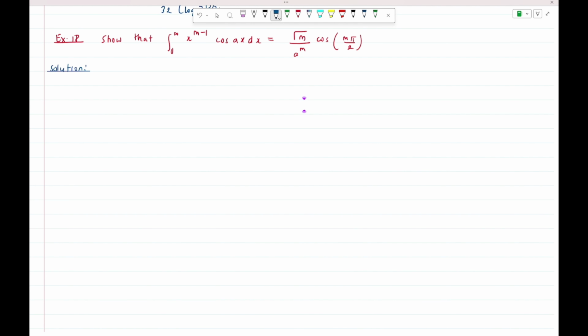And unlike problems 16 and 17 where we introduced e using logarithms, we are not going to do that. Instead, since we have cos of ax, we know that by Euler's formula, e raised to i theta can be introduced in place of cos theta plus i sin theta.